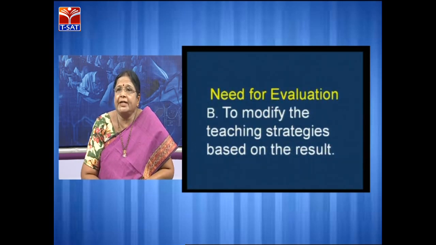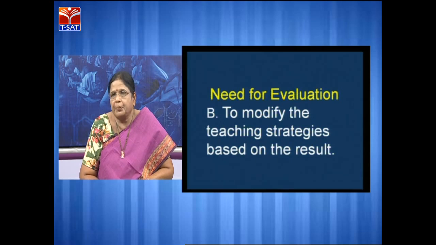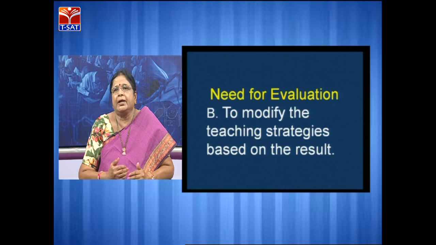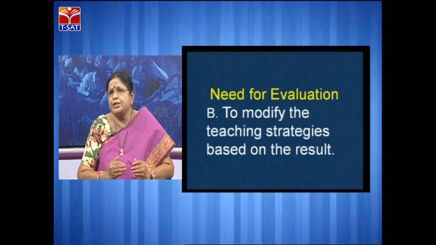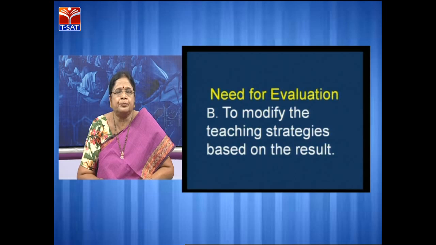To modify the teaching strategies based on the result. How do we do this? For instance, we have taught a lesson, discussed it by providing a number of teaching learning activities, and after that a slip test was given. And if the student's performance is very poor, what will we do? We start thinking, where did it go wrong?